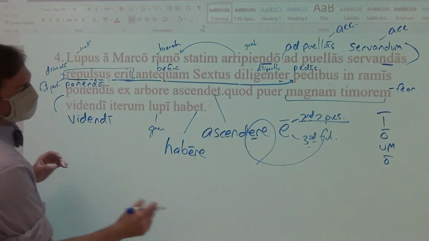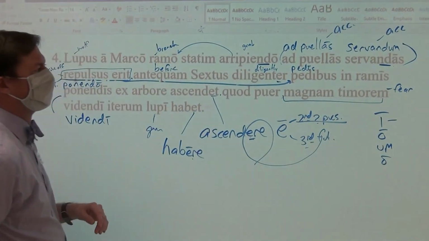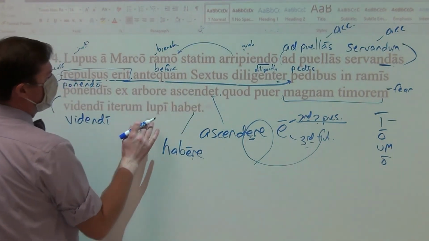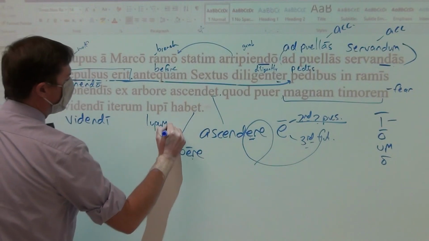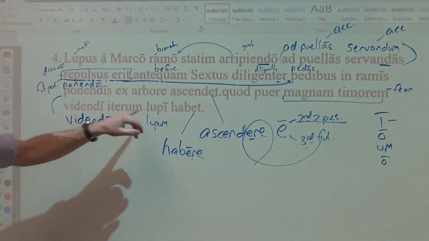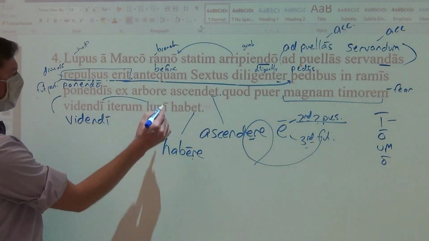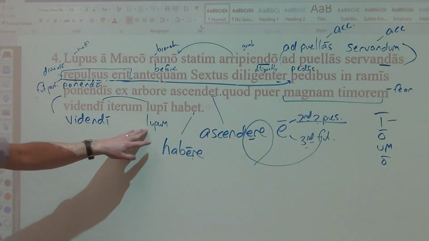Videndi does not change because now it is the gerund object of the fear of seeing. But wolf will change because it will become the direct object. Seeing what? Seeing the lupum. So it says in the black, he has a large fear of the wolf about to be seen again, and it's modifying lupi, whereas the one in blue says has a huge fear of seeing the wolf.